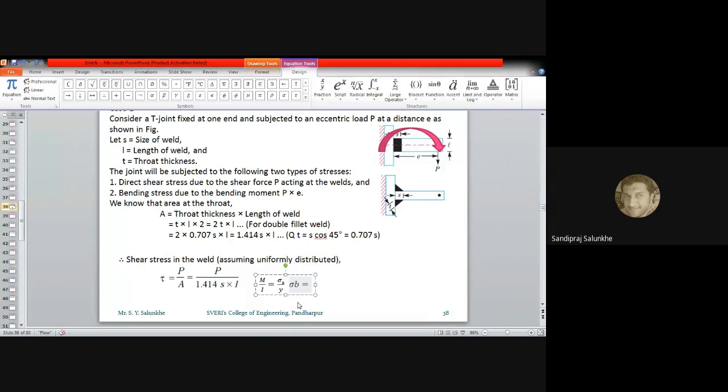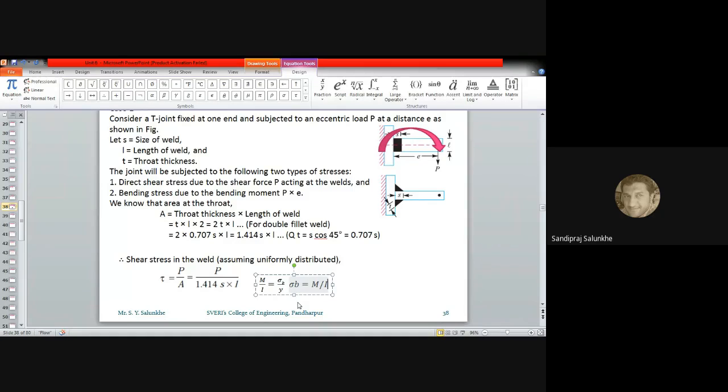Sigma B is equal to M by I into Y. Here you have to consider the moment of inertia I for the welded section only, that triangular section. Y is nothing but the distance from the neutral layer to the upper layer, or the maximum distance, which is half the thickness of that welded joint, so it will be T by 2.